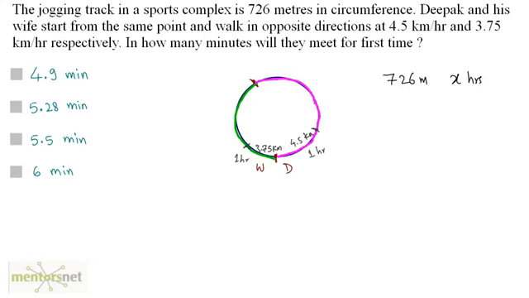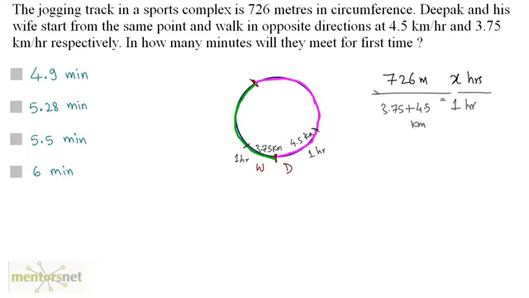So in 1 hour they are 3.75 plus 4.5 kilometers apart. Now this is basically a direct proportion because distance is directly proportional to time. We can take the ratio and equate.